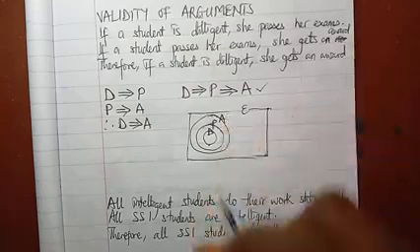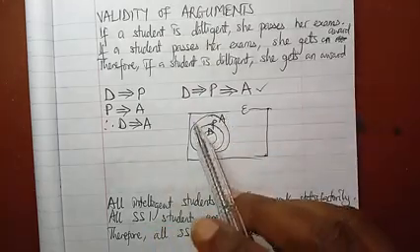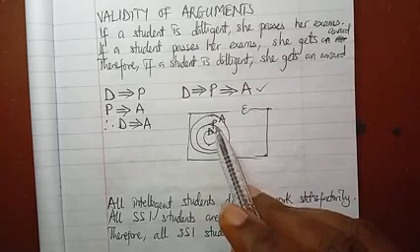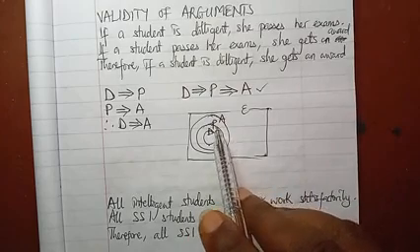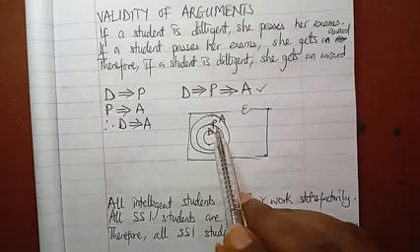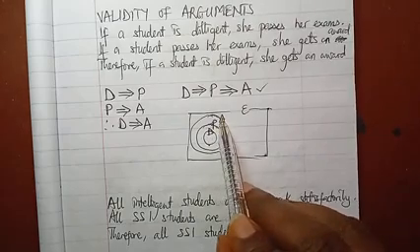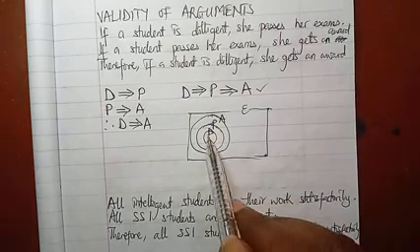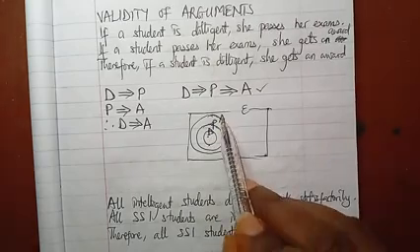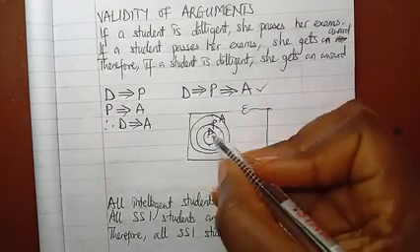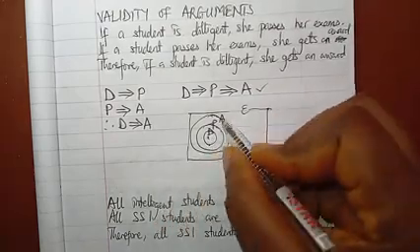So if this student is diligent, she will pass her exam. She will be among those people that passed the exam. And those people that passed exams are those people that get an award. So every diligent student is also an award winner. We can see that the diligent students are inside award-winning students.